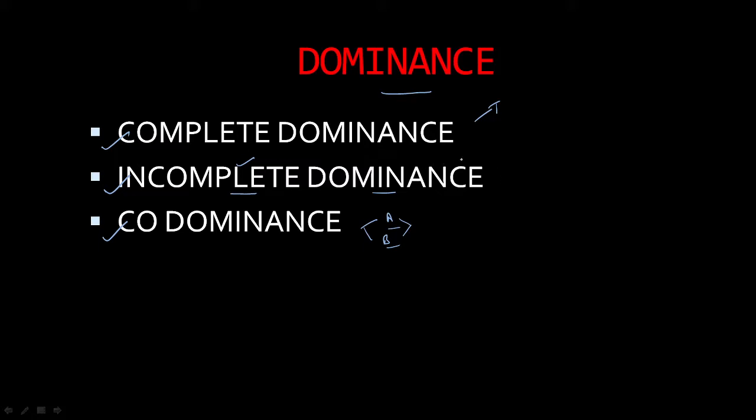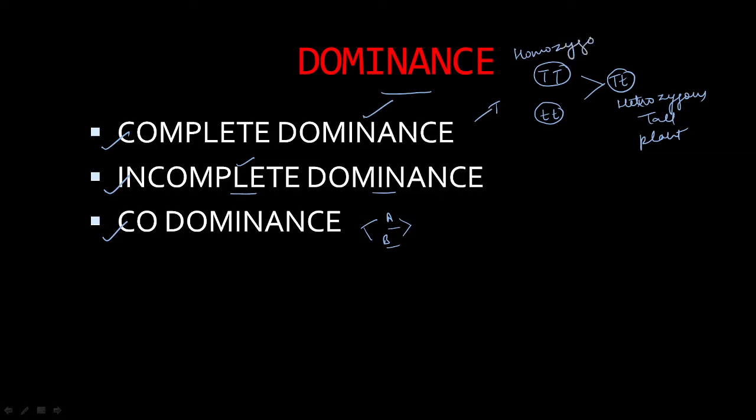Complete dominance we have already seen, but again we are going to recall what is actually happening over here. In this, Mendel has taken a pure tall plant and a pure dwarf plant, right? So what we get in the F1 generation is a heterozygous tall plant, whereas the parents are homozygous.